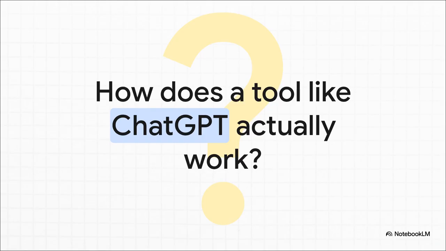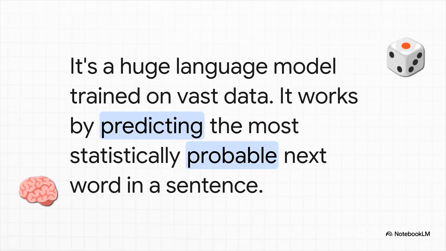Which, of course, brings us to tools like ChatGPT, which honestly feel like pure magic to a lot of us. So let's ask the question, when you type something into that box, what is actually happening under the hood? How can a computer generate text that sounds so human? Well, the surprisingly simple answer is probability.